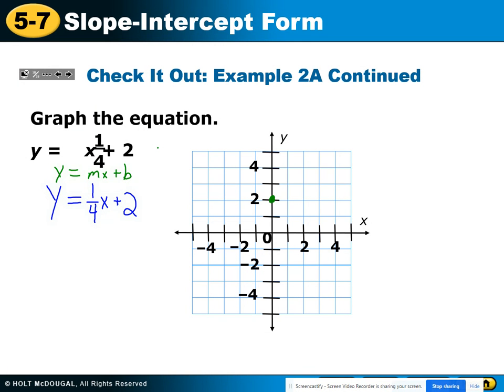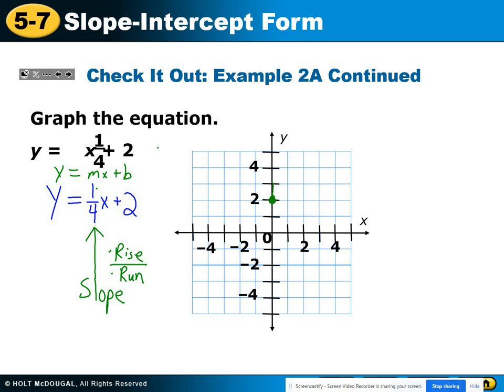Now, Luke, I start at this point that Grayson just told me to put on there. I look right here for the slope, right? Is that correct, Luke? Yeah. And slope tells me rise over run, doesn't it? So how many do I rise up according to this slope? 1.